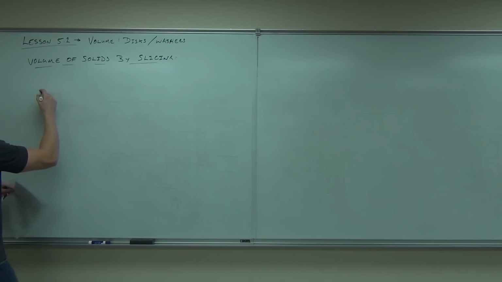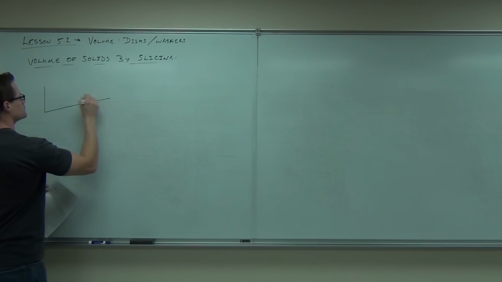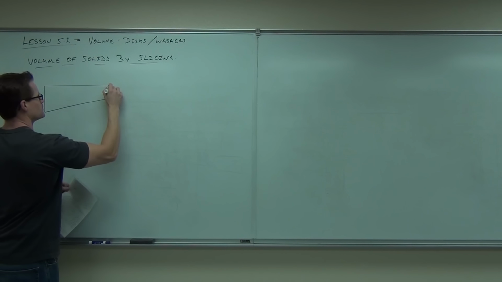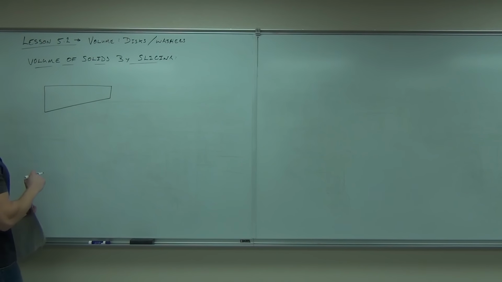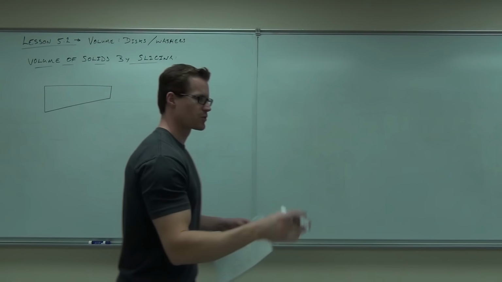So here's the deal. Let's take some random figure that I'm going to create right now. That. So that's maybe the side view of this figure. And let's make it three-dimensional.